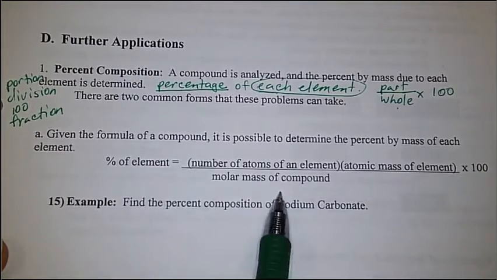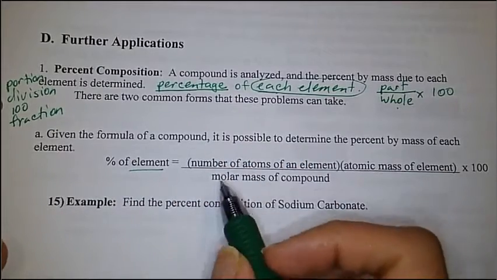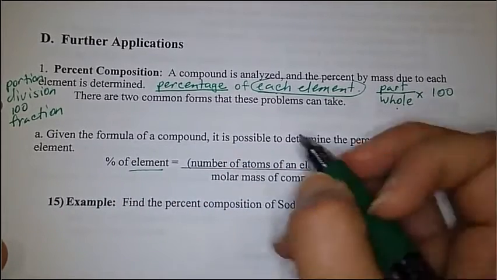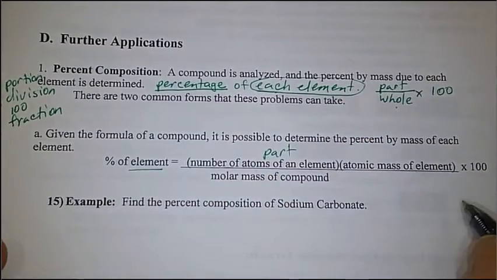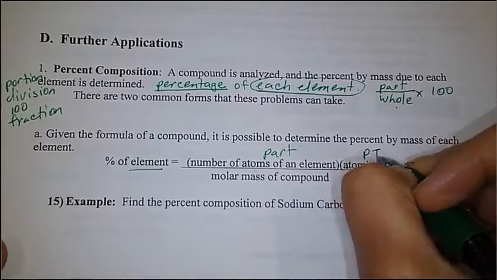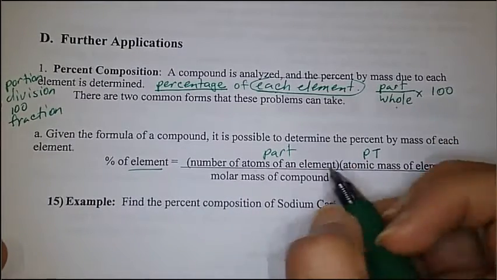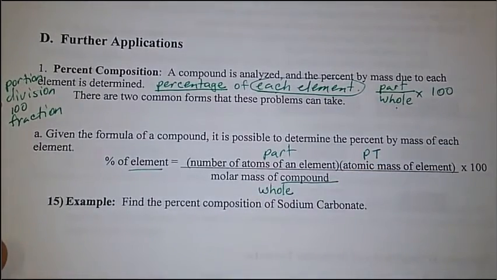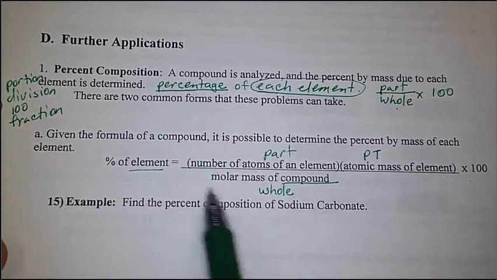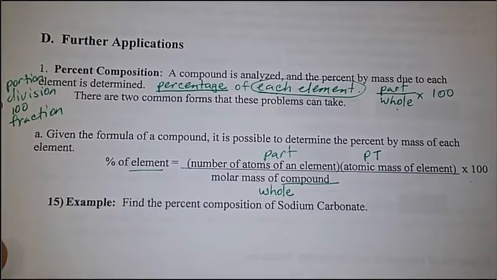So you are going to take the number of atoms of an element, that's the part, and then find the atomic mass of the element, which can be found on your periodic table, divided by the molar mass of the compound. That is the whole that I'm talking about, times 100. So this is the basic premise of percent composition, finding the percentage of each element.